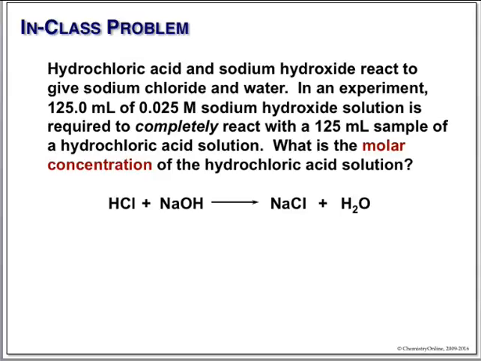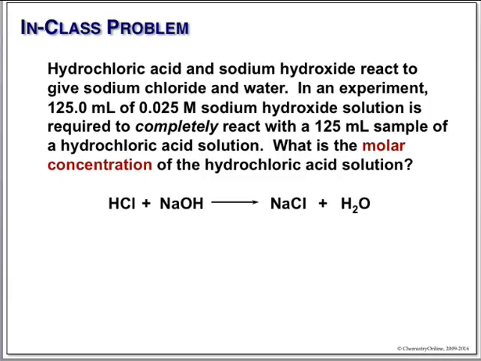All right. Let's say that we have HCl and sodium hydroxide. They're going to react to give sodium chloride and water just like we saw. We have 125 mils of 0.025 molar sodium hydroxide, so that's this. We're going to react it completely with 125 mils of HCl solution.